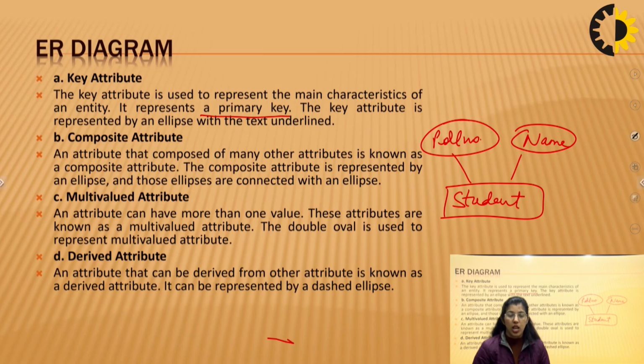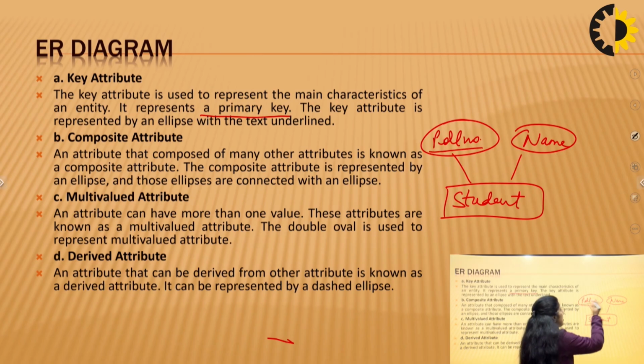There is a high probability of many students having the same name. So we will not be able to find a particular student only on the basis of name. For this, we need the roll number, because the roll number is unique to a particular student. So we represent this roll number as the primary key, or this is known as the key attribute.